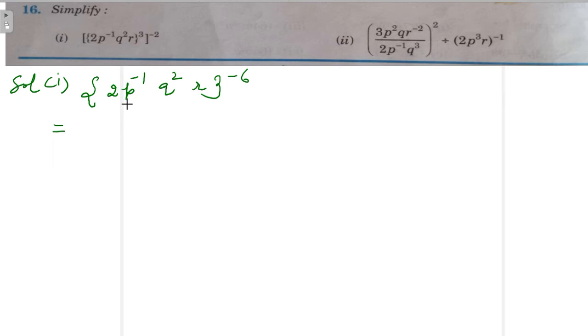This minus 6, this power 6 of the whole, means this is the power of all these. So this is also 2 raised to power minus 6.